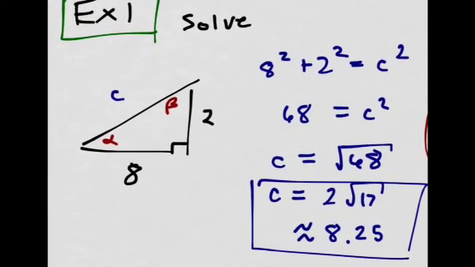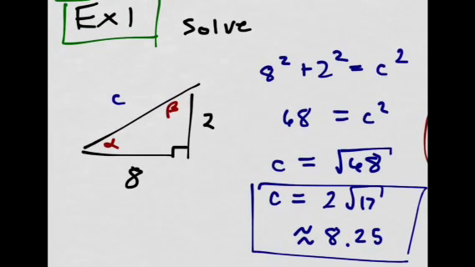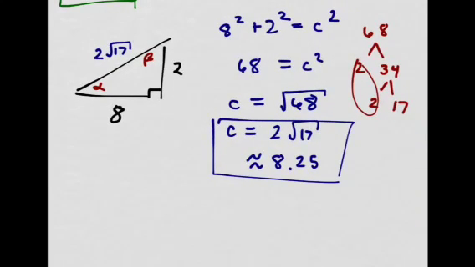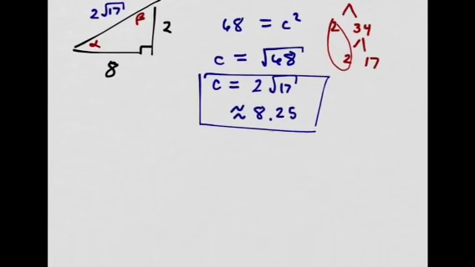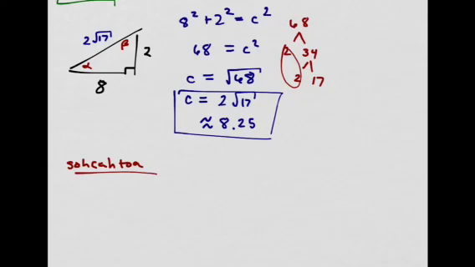Well, I know that c is approximately 8.25. I'm going to say 2 root 17 because it's exact. And I can use my trig functions. I use SOHCAHTOA. I already know that I have exact values for the 2 legs of my triangle.